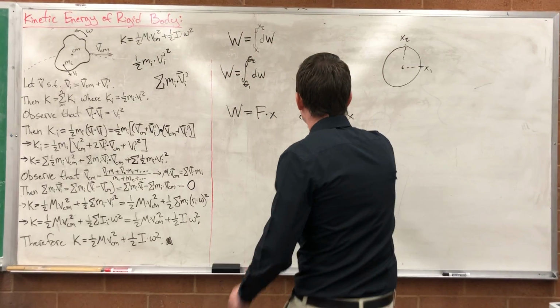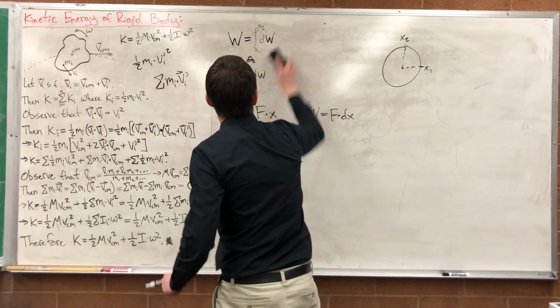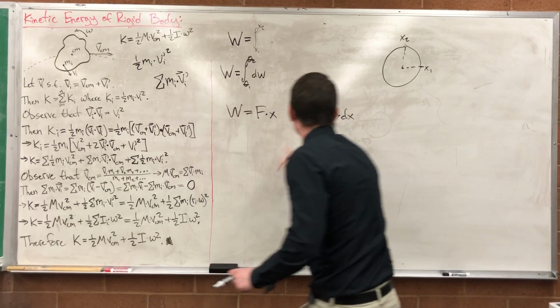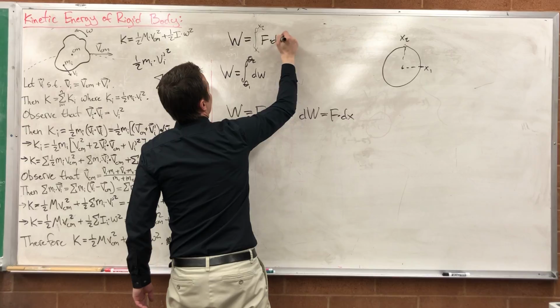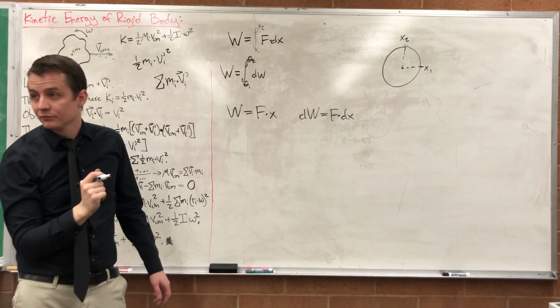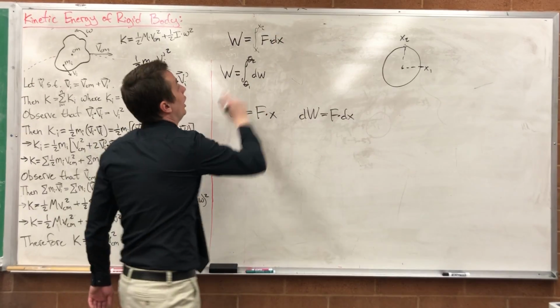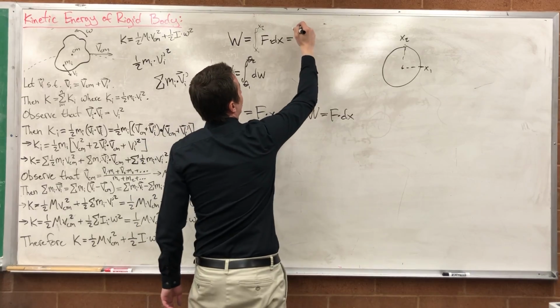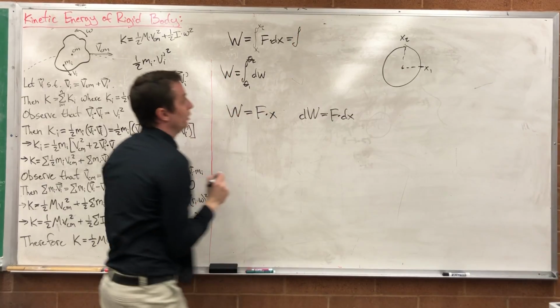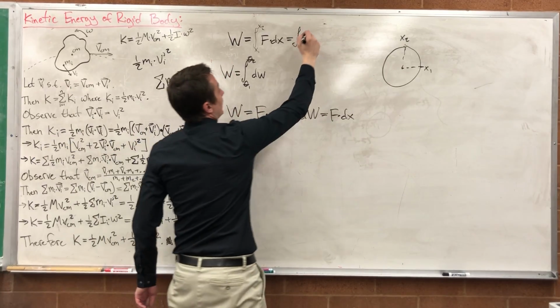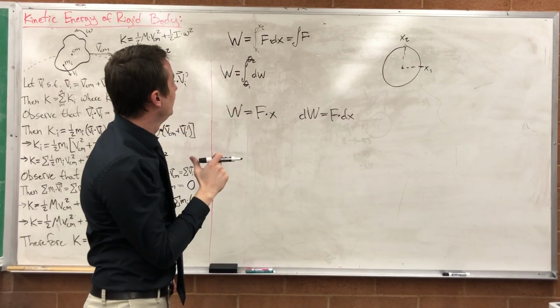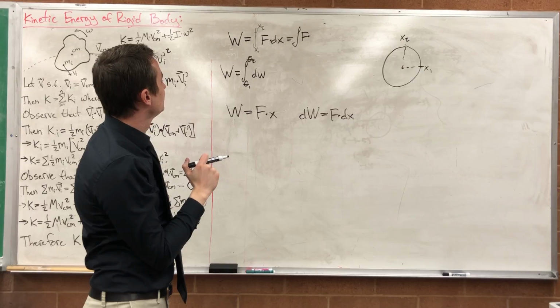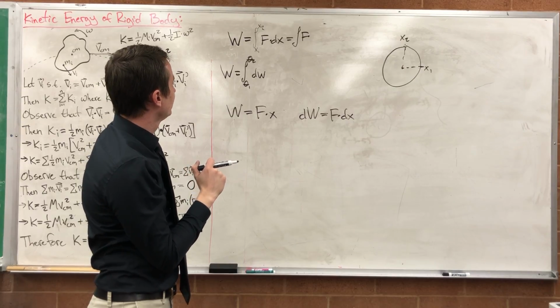So rather than dW, we could have thought about this as an F times dx. That's what we're used to. So then I could have also written this as the integral from, ignore the points for a second, but rather than dx, I could have said F times... let me think for a second.